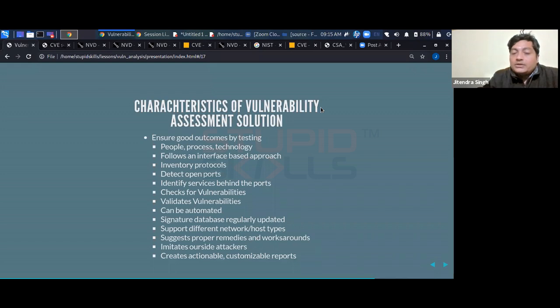And when these reports are created, they should be customized in such a way that they become actionable for a company or an organization or a team. Any report that these tools might give you, or the formats in which it is given, might not be proper as per your requirement.